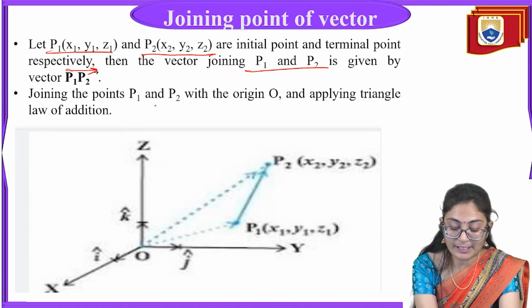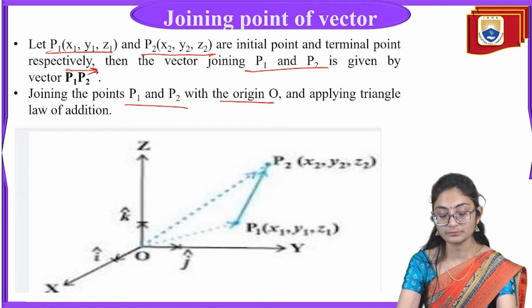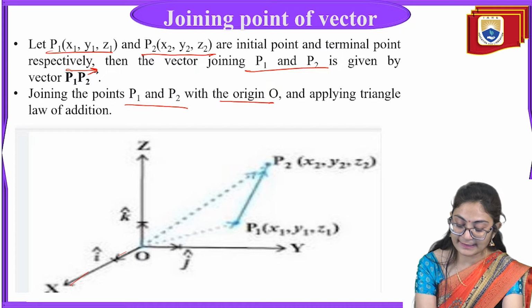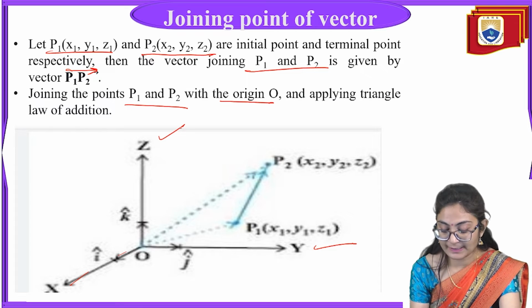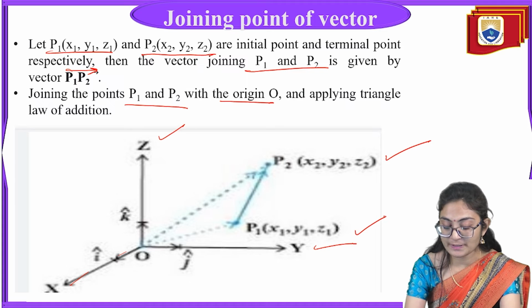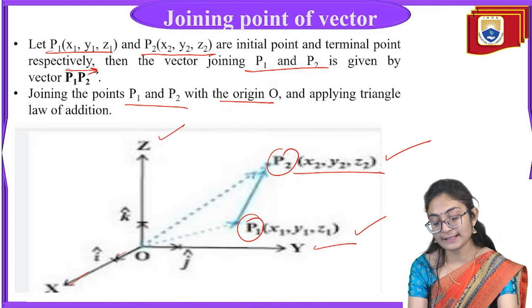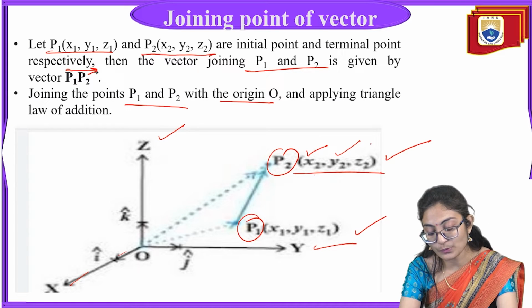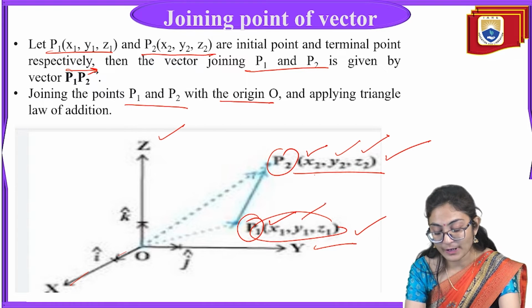Joining the points P1 and P2 with the origin O and applying the triangle law of addition. Here you can say that there is an x-axis, y-axis and z-axis. By using these, we can join these two points. There are two points P1 and P2. P1 contains the coordinates x1, y1, z1 and P2 contains the coordinates x2, y2 and z2.